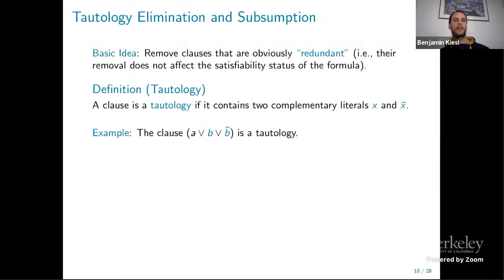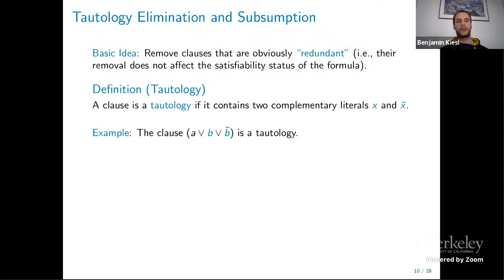So let's start with a simple idea, namely to remove clauses for which you know that they're obviously redundant. That's something you could do for pre-processing. You just remove something where it's very clear that it doesn't help your solver.